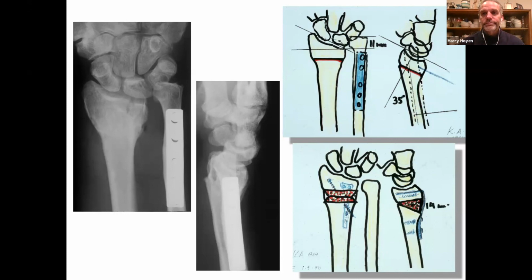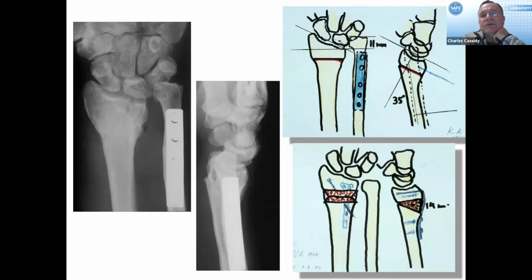Chuck, one thing we didn't really address so much is when you're doing this through the volar approach, do you have to release the periosteum on the dorsal side if you want to gain a realignment and length, or can you just stay all on the volar side? Well, Harry showed a way of rotating the bone out and incising it.